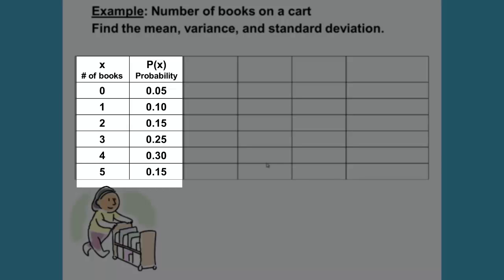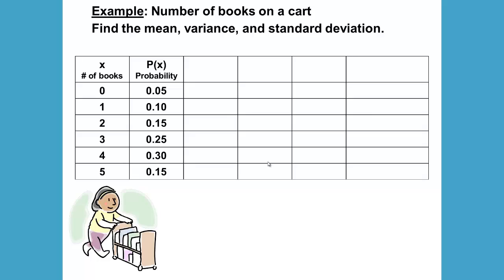For 3, 0.25 or 25%. For 4 books, 0.30 or 30%. For 5 books, 0.15 or 15%. Remember that the sum of all these probabilities will add up to be 1, or if we added them as percents, it'll add up to 100%.